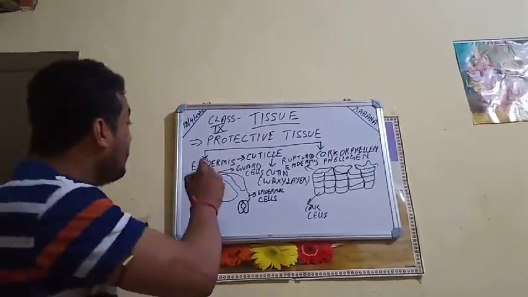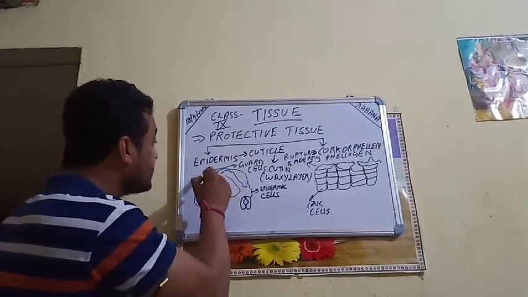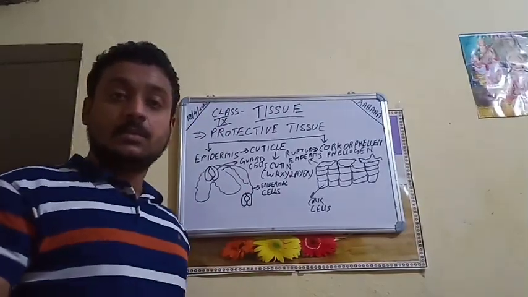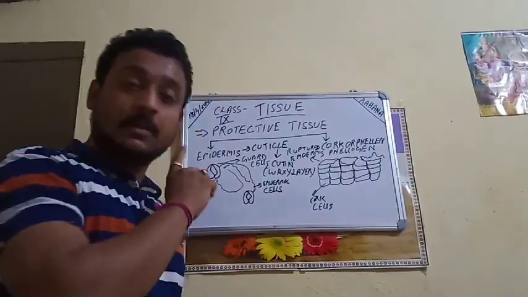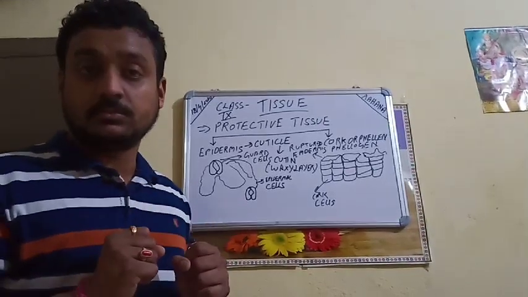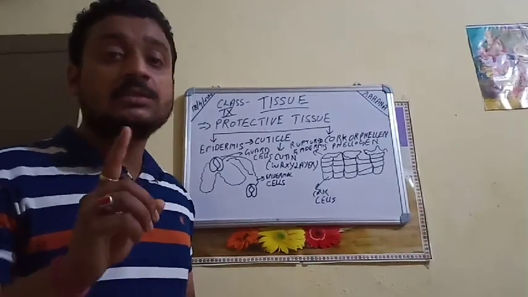Now, some of the epidermal cells, especially the stomata, have guard cells. These guard cells are also epidermal cells. These guard cells restrict the amount of water moving out as transpiration.